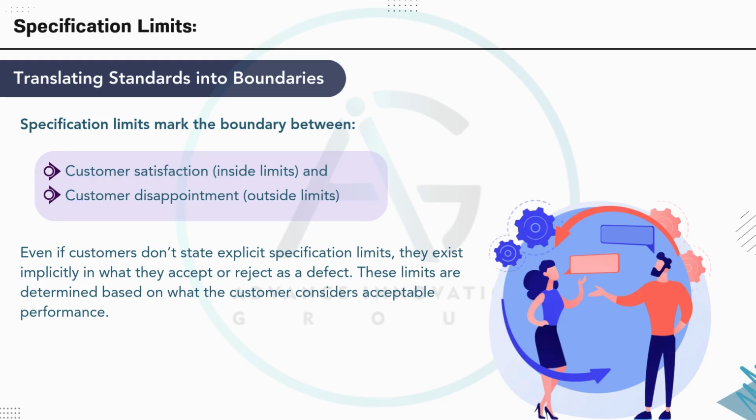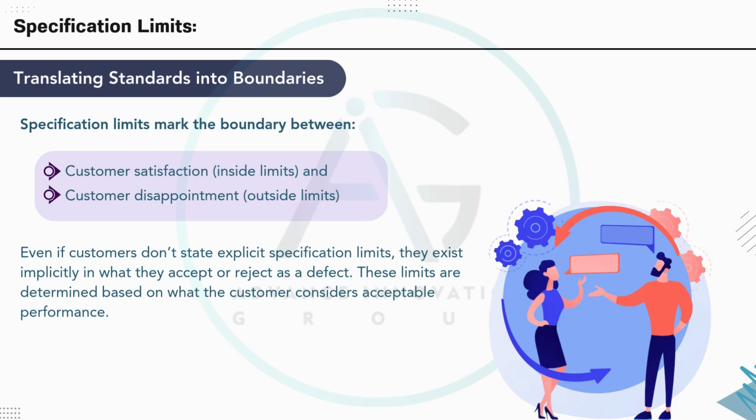If the process output stays within the limits, the customer is likely to be satisfied. If it falls outside, dissatisfaction, what we call a defect, is the likely outcome. We typically describe this as inside the limits, customer satisfaction; outside the limits, customer disappointment.